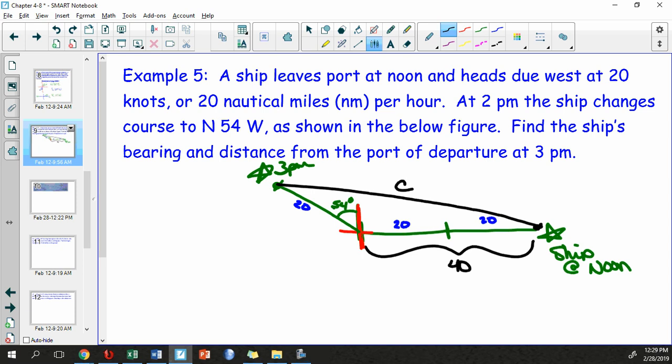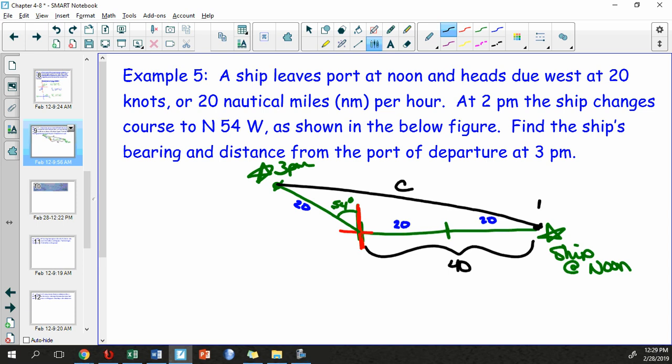This is C, which is called my hypotenuse, right? But that's of an oblique triangle. Have we been learning about oblique triangles? No. What have we been learning about? All of our triangles have been right triangles. Can I make this into a right triangle? I could find the altitude and drop it down and make it into a right triangle.